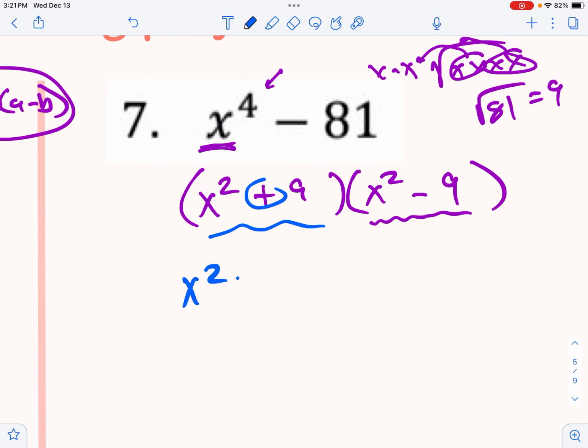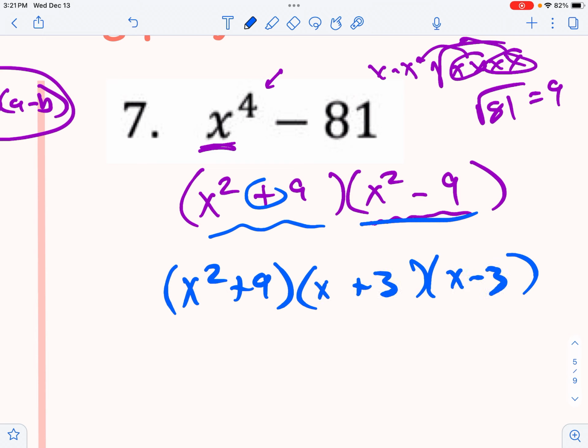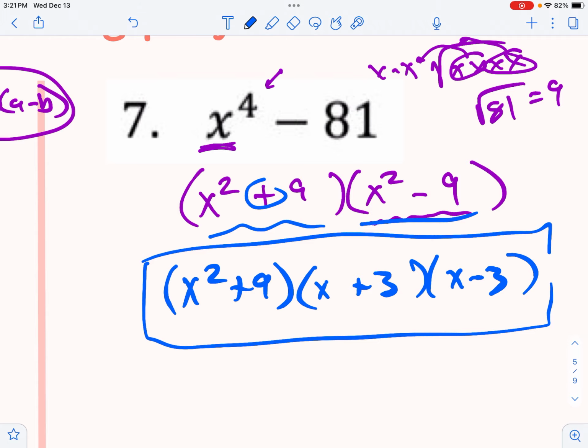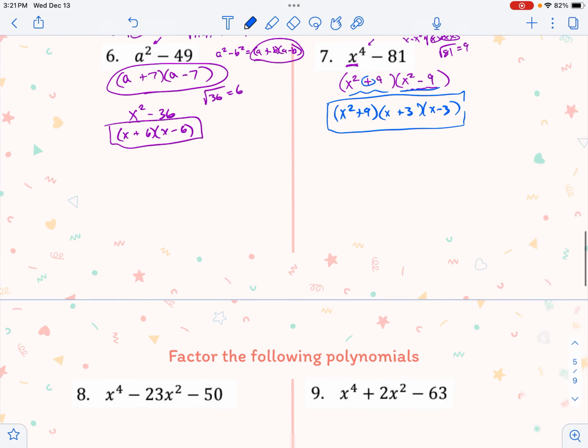I can't factor sum of squares. But I can break this up into a plus b and a minus b, or in this case, x plus 3, x minus 3, okay? And that's it. That would be factored right there. Some you can factor again, some of these factors you can't.